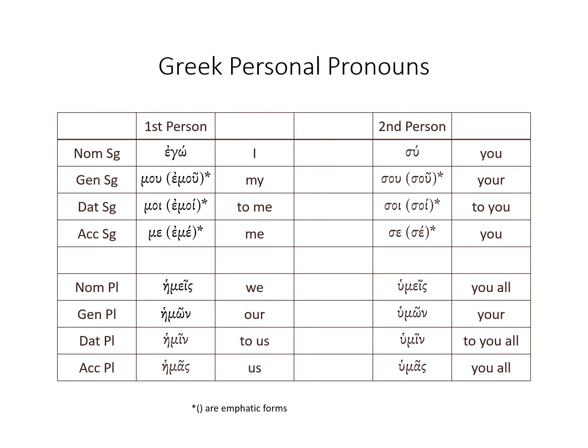And that's what we have here. The first person, lexical form ego, second person, lexical form su. So all of these words follow su, and in your parsing, any of these that follow su is going to be the lexical form. And here, mou, moi, me, hemeis, hemon, hemin, hemas, all from ego.